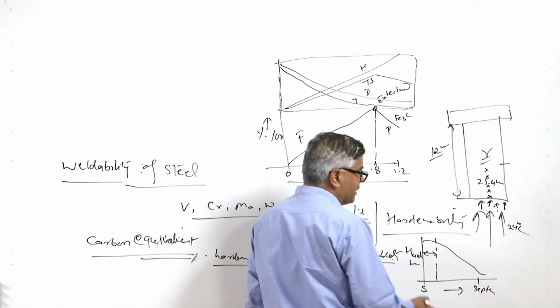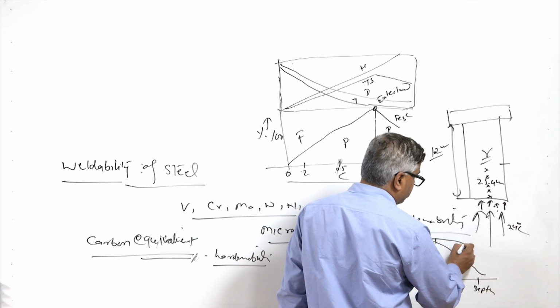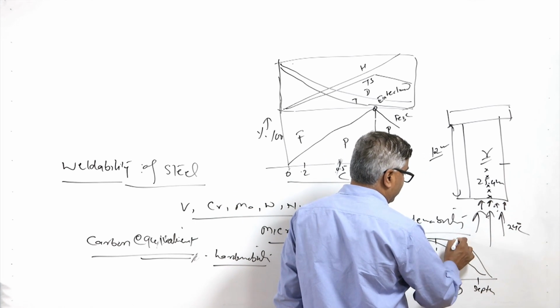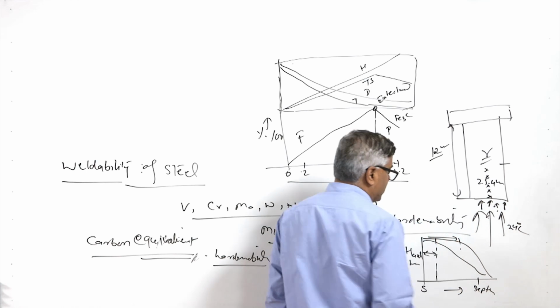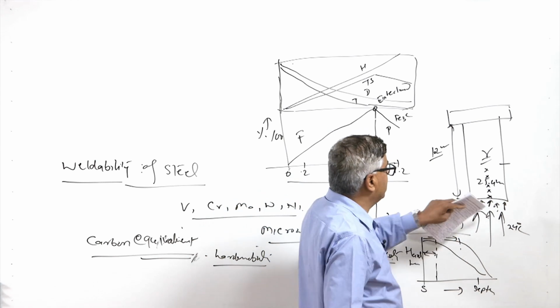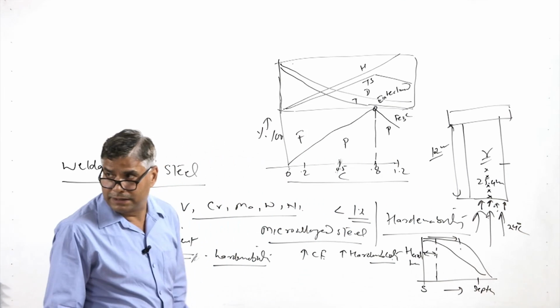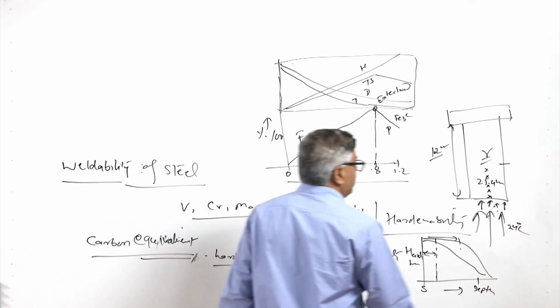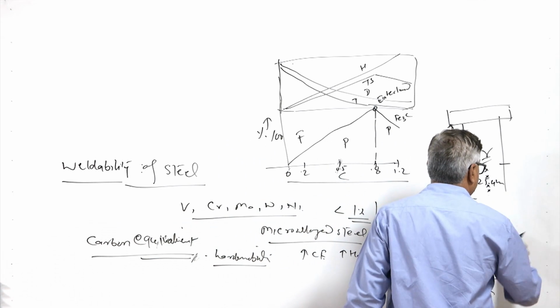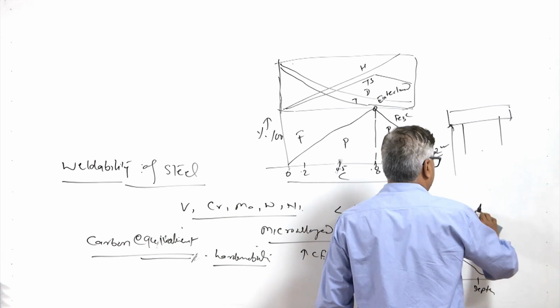If the metal has higher hardenability, the depth up to which it is subjected to higher hardness will increase. It is the depth up to which steel is hardened to a particular level that is used to characterize the hardenability. Higher the hardenability, greater will be the depth up to which the material will be hardened.